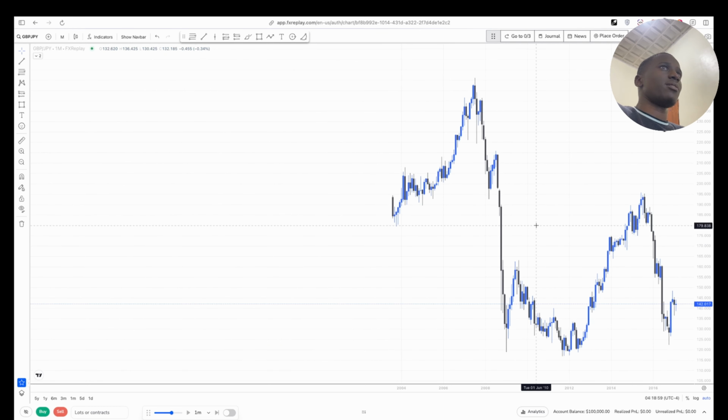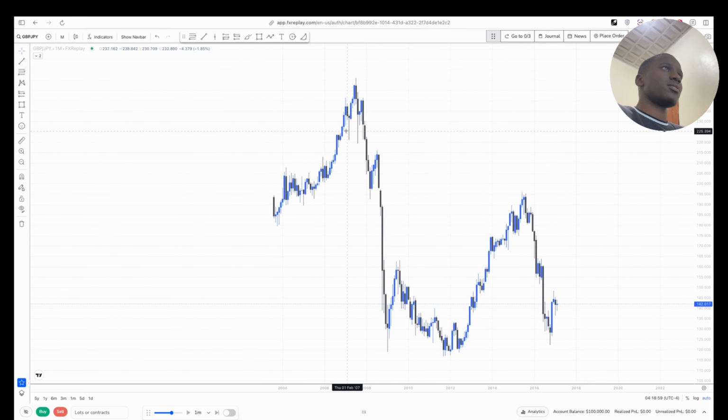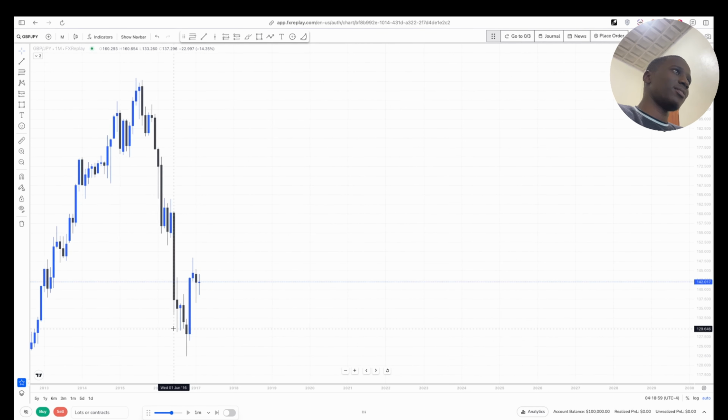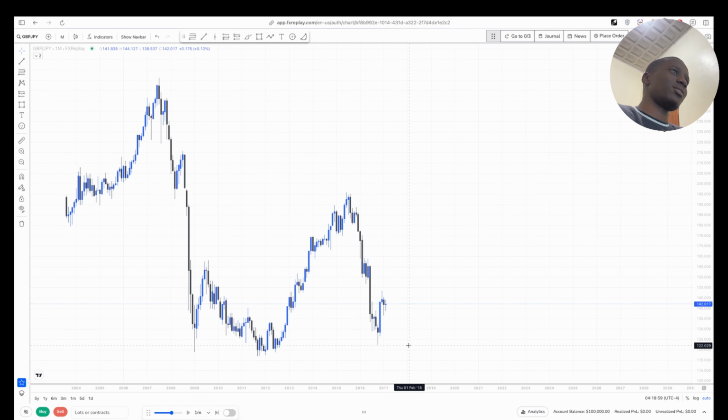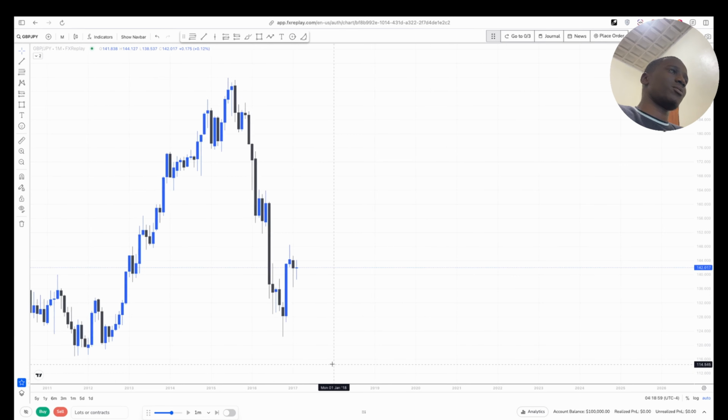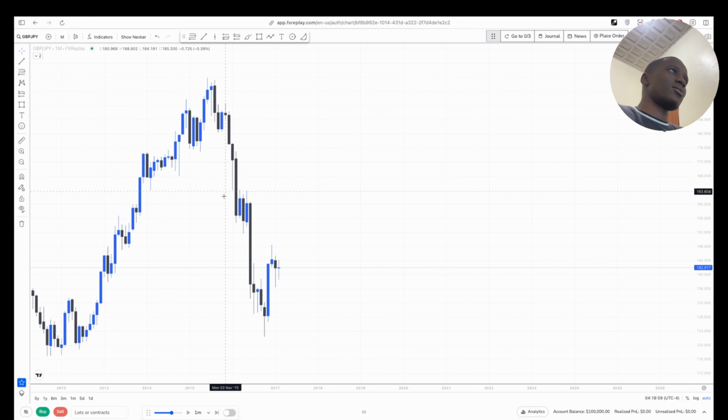If you go to the monthly, you can see that it was in a downtrend, but I can't consider this whole downtrend very much, because we have this price leg here with a correction move upwards, then going downwards, and then we can look on lower time frames to see how it's all going.